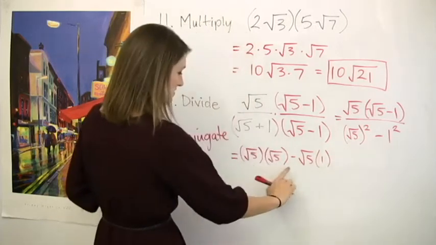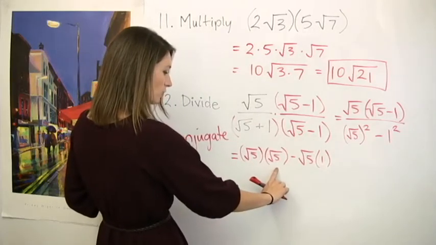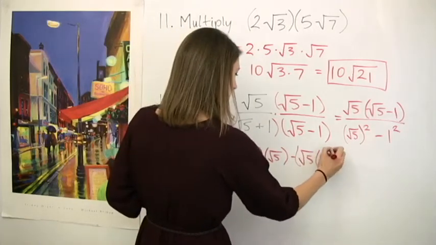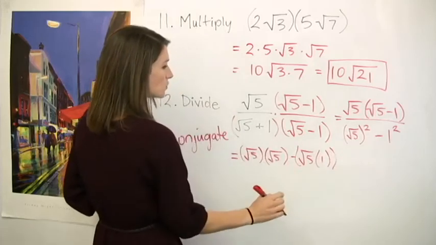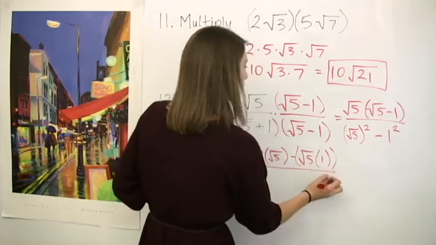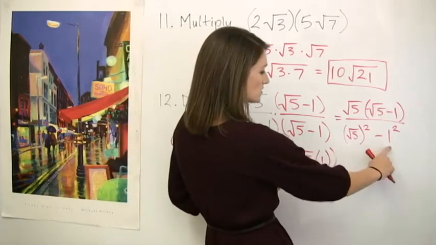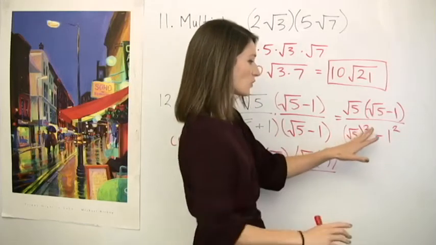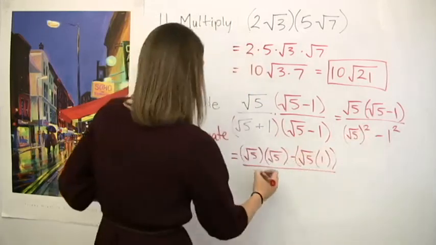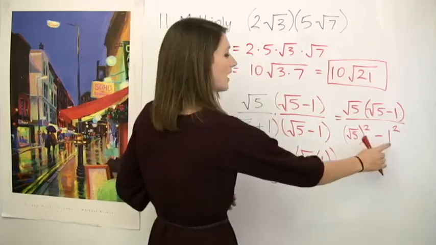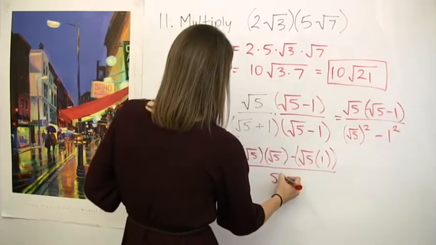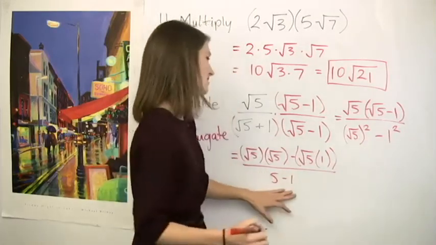Which you can write this then as the square root of 5 times the square root of 5 minus this whole quantity, square root of 5 times 1. And that's all over our difference of squares. So the square root of 5 squared gives us 5. And then 1 squared is 1. So our denominator is 5 minus 1.